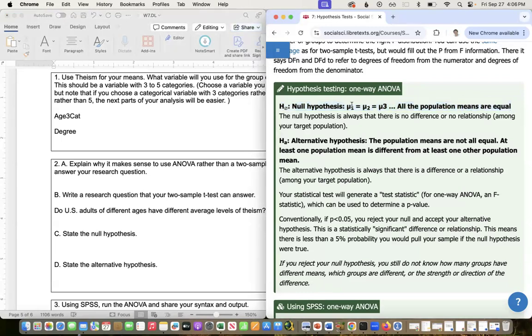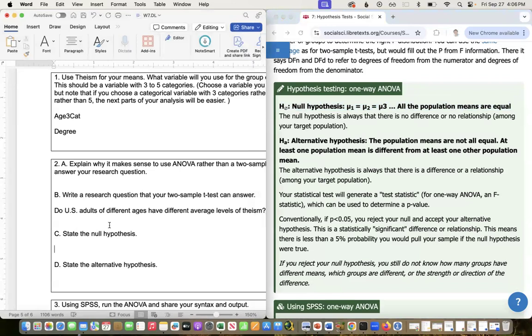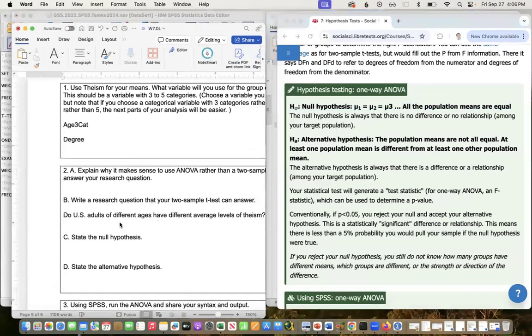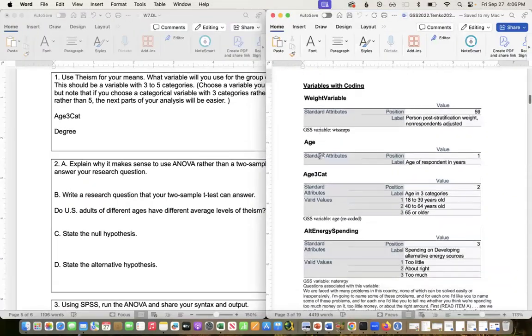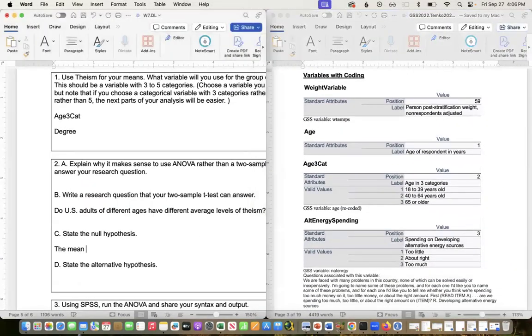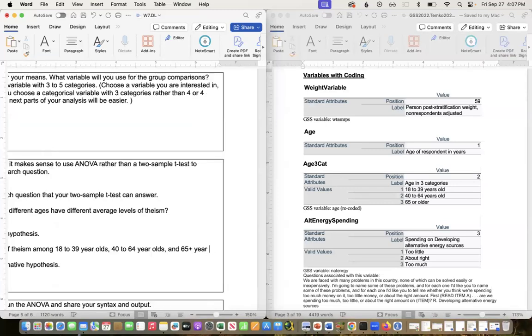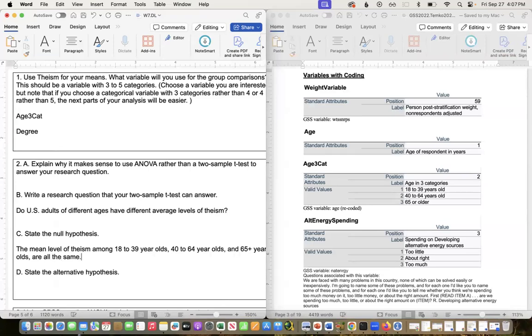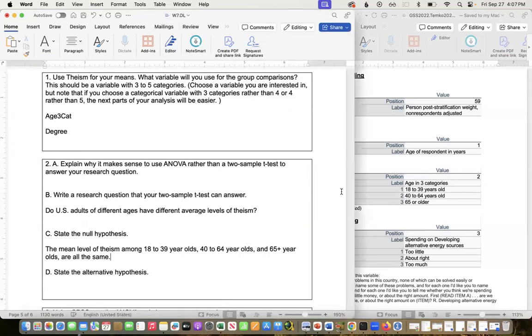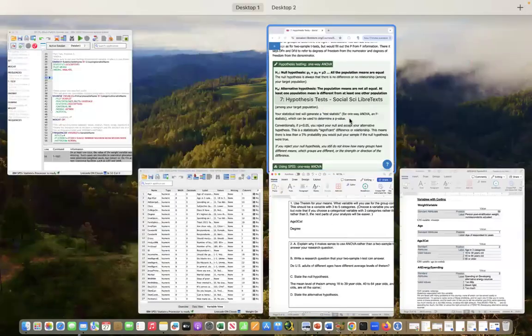You can write it with this if you want, but my null is that for age, if I go back to what is age 3 cat, the mean level of theism among 18 to 39-year-olds, 40 to 64-year-olds, and 65-plus-year-olds are all the same. They're all equal.